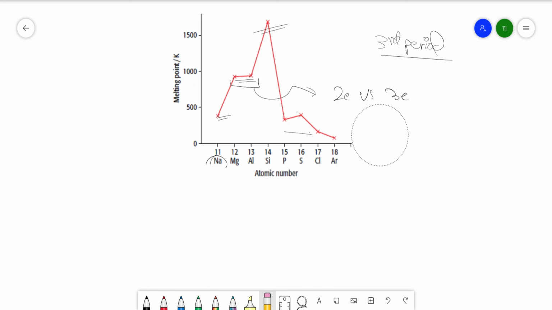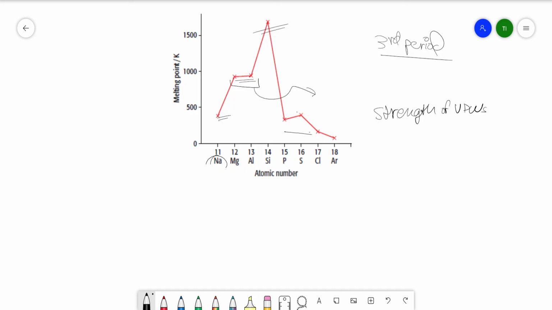Anyway, now another important thing from the same graph is this. Now you may wonder why sulfur has a higher melting point than phosphorus and then chlorine, and this is mainly because of the strength of van der Waals forces.